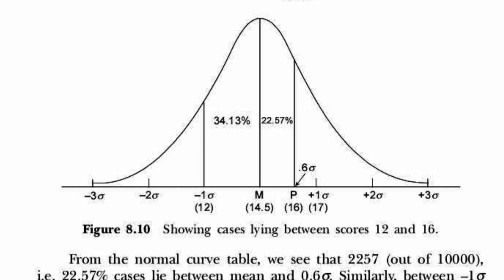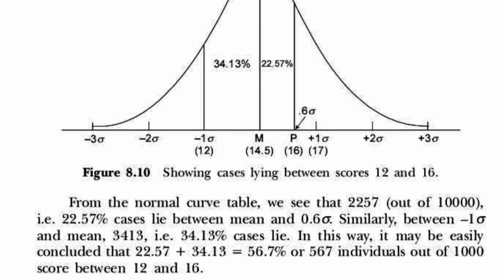Now we need to add the portions, which are 34.13% and 22.57%, which we got as 56.7%, or 567 individuals. How can we tell 567 individuals? Because we have the number of individuals in this problem. Converting it to a round figure, we got 567 individuals out of 1000 who scored between 12 and 16.